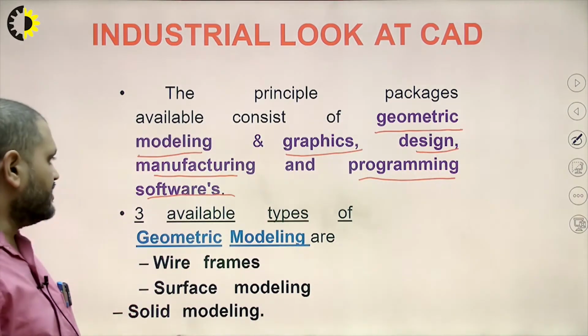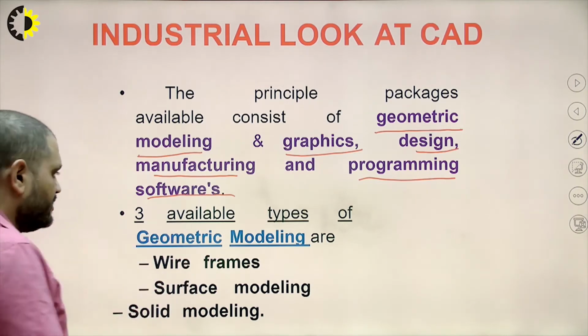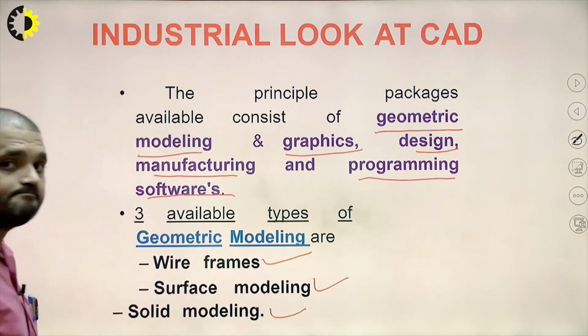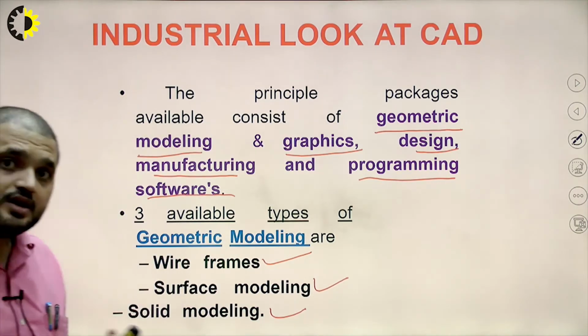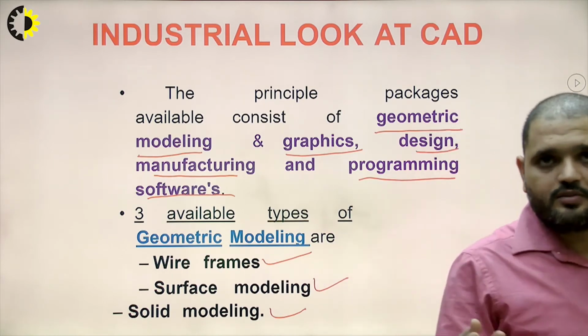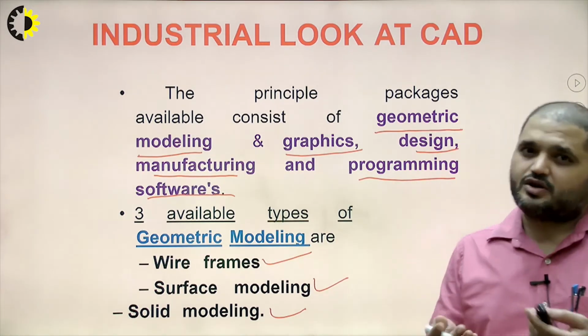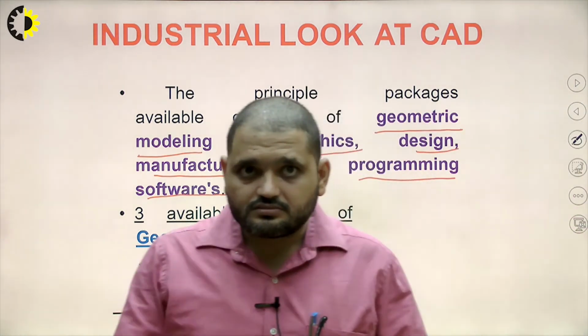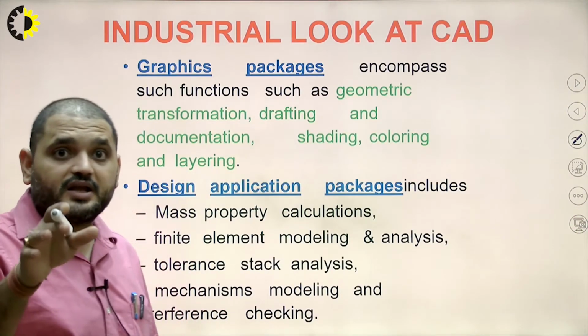Three available types of geometric modeling are wireframe, surface modeling and solid modeling. We will discuss in detail what wireframe modeling, surface modeling and solid modeling are. The best one of these is solid modeling, that is the 3D model which we make today, and we can simulate that 3D model also.